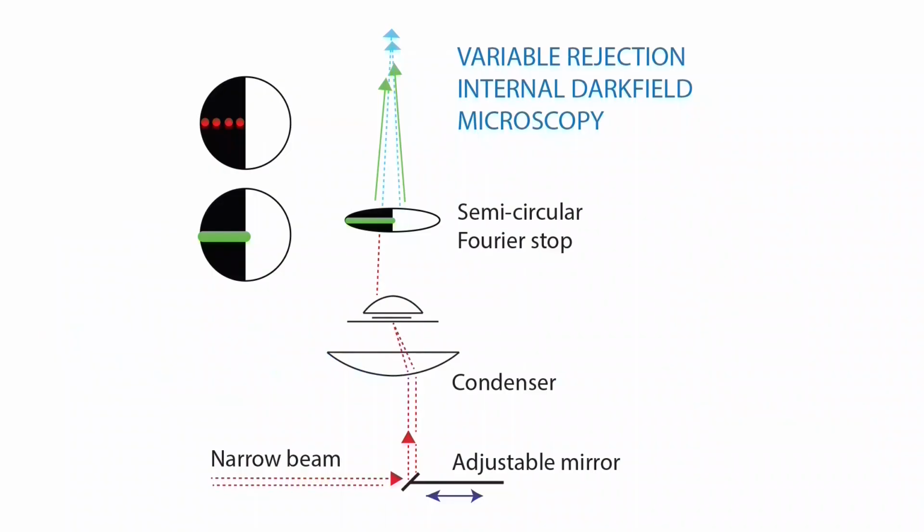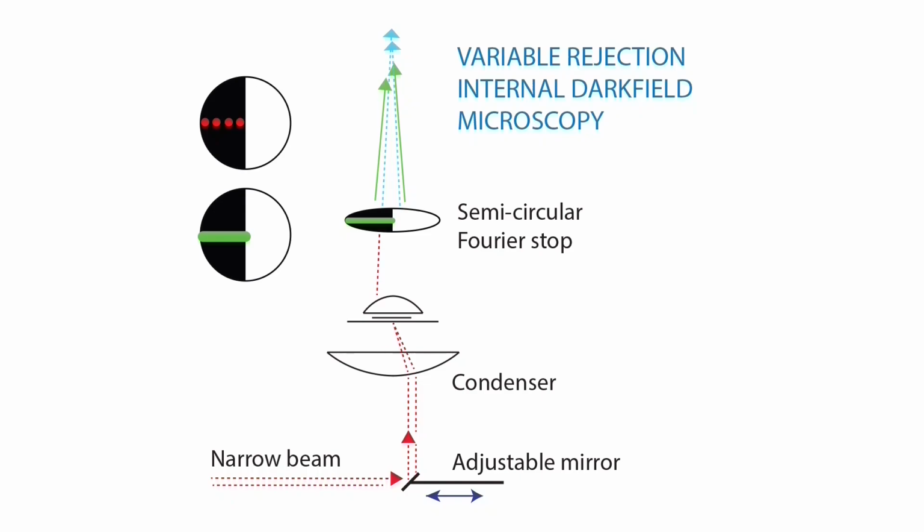The above method could be emulated using a half-stop and the adjustable pencil beam. In the peripheral position, the rejection of background light is maximised, along with the filtering of low spatial frequencies.